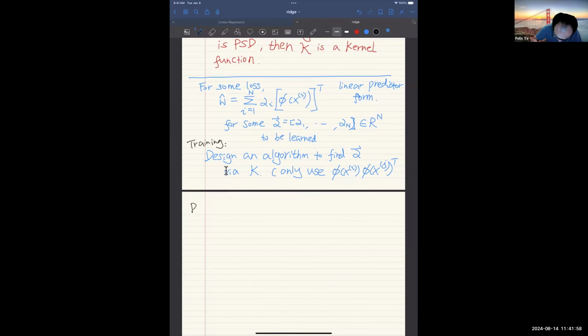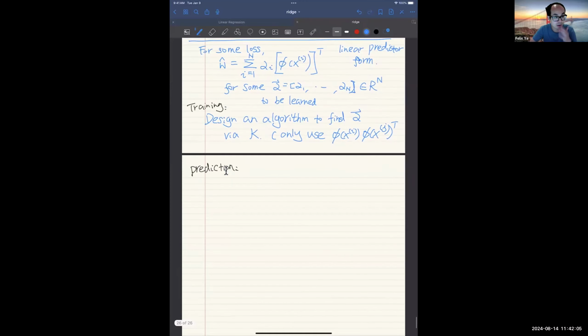And then the next is the prediction part. The prediction part is for new data x. Y is equal to phi of x times W hat.